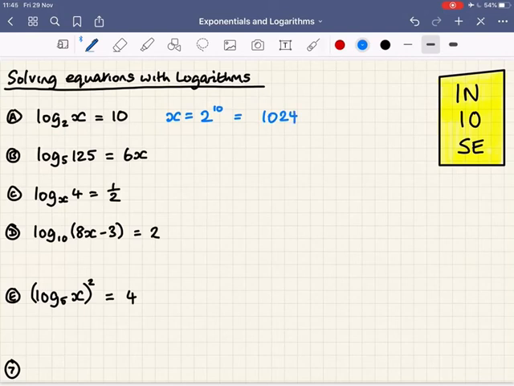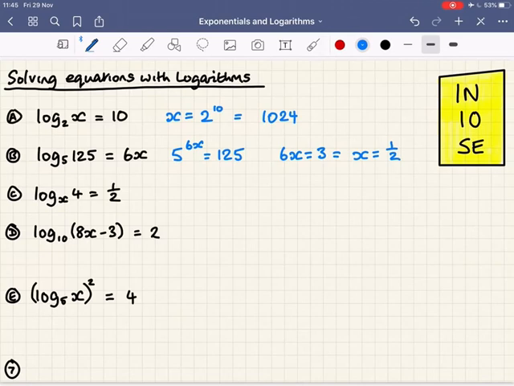That's nice and easy. The second example is a little bit more difficult, but I'm going to write what I know. I know that 5 to the power of 6x had to be equal to 125. I should hopefully recognise that 5 to the power of 3 is 125, so 6x must equal 3. That means x equals a half.